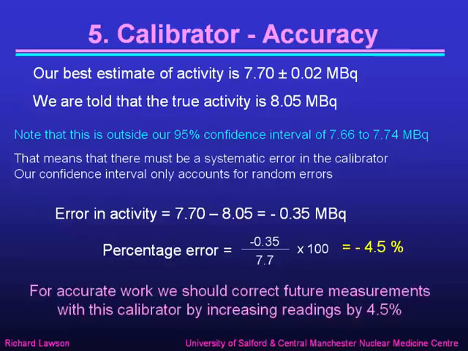So for accurate work, if we want to correct for that, we need to increase our readings by 4.5% to allow for that error. Notice this is nothing to do with statistical error. This is a bias, an inaccuracy in the calibrator, which we have to allow for in addition to any random statistical fluctuations.